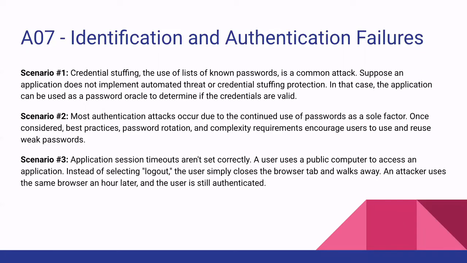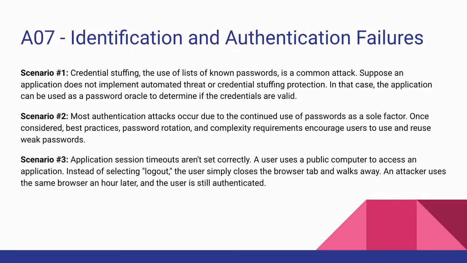Some of these, I think, Kibik already covered, right? Credential stuffing, list of known passwords, and most authentication attacks occur due to stolen or compromised credentials. You need to make sure that your sessions are timed out if you log out or if you change your password. Even if you change your password, the earlier sessions that somebody might have been logged in with should be invalidated.